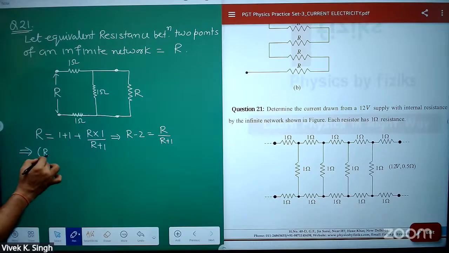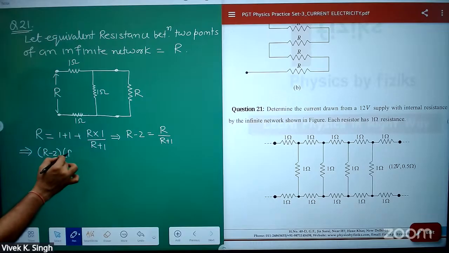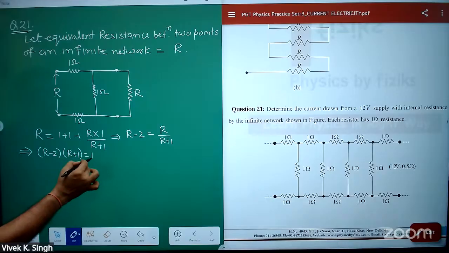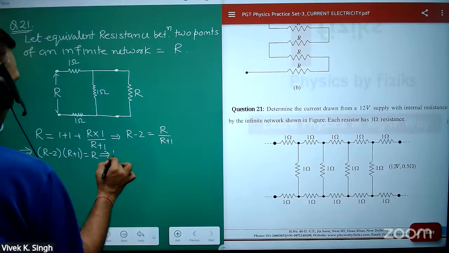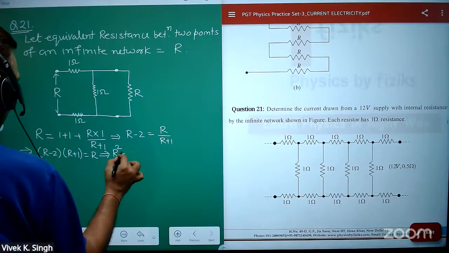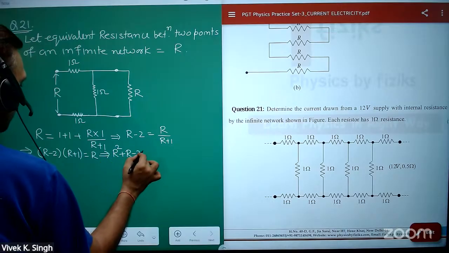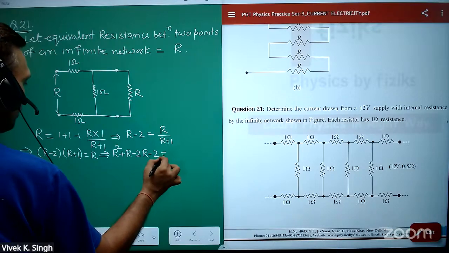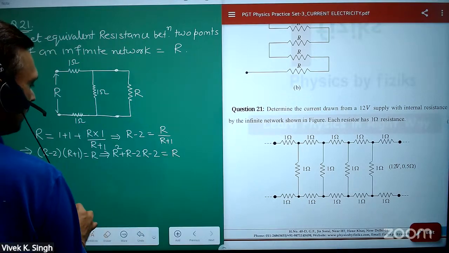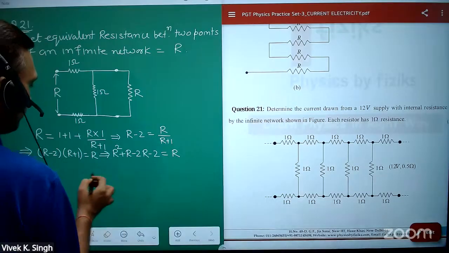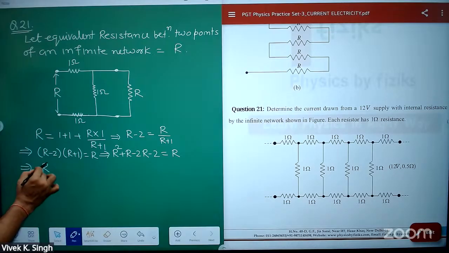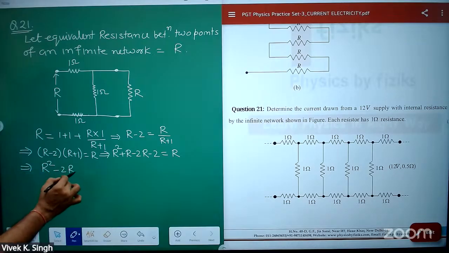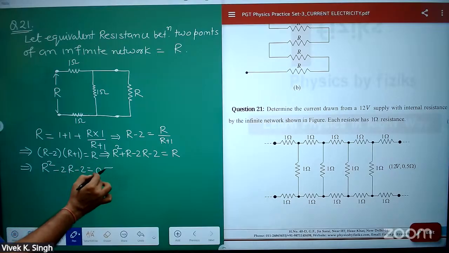You have R minus 2 into R plus 1 is equal to R. This will give you R square plus R minus 2R minus 2 is equal to R. So this will give you R square minus 2R minus 2 is equal to 0.